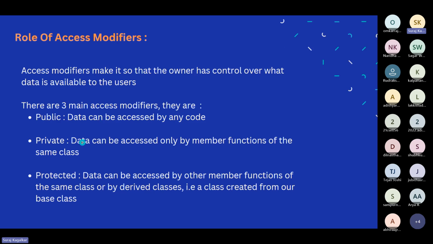Private data members can be accessed only by the member functions of the same class. And the protected access modifier makes it so that the data member can be used by derived classes as well. It is somewhat of a laxer version than private.